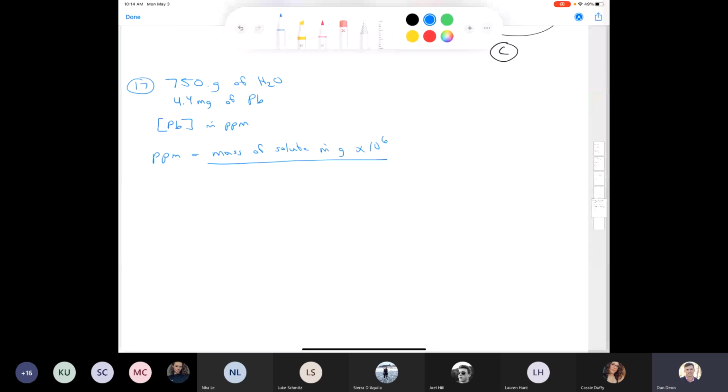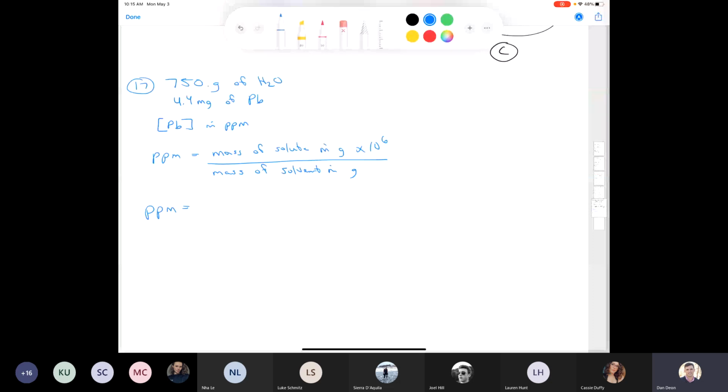Because we're dealing with something that's very dilute, divided by the mass of the sample, or we'll put here the solvent, in grams, like that.